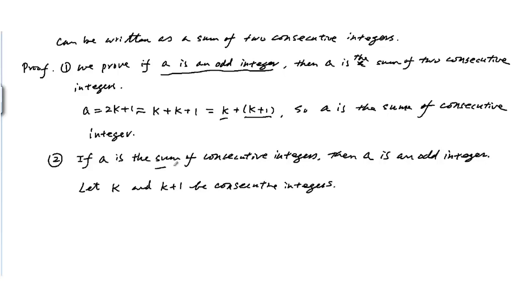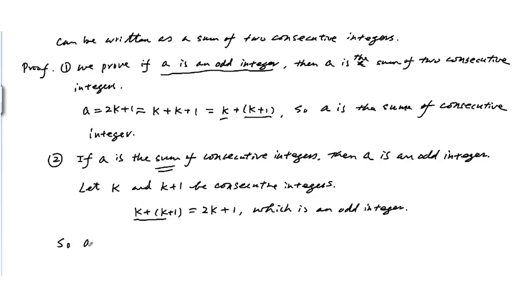So then we talk about the sum, k plus k plus 1. And now by associative law, you can do k plus k, that gives you 2k plus 1. And this is an odd integer, right? Because any integer in this format is an odd integer. So we proved the second case. Therefore, we proved the statement.